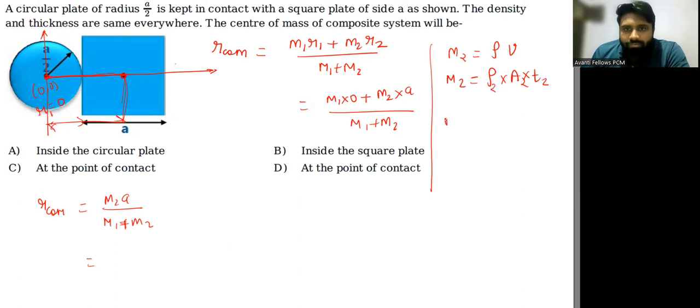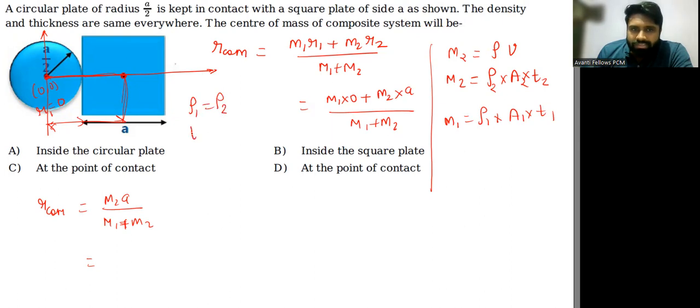For m1 it is rho 1 into a1 into t1. But in the question, the density rho 1 is equal to rho 2 and thickness t1 is equal to t2. So put the value: rho 1 equals rho 2 equals rho, t1 equals t2 equals t we will consider.